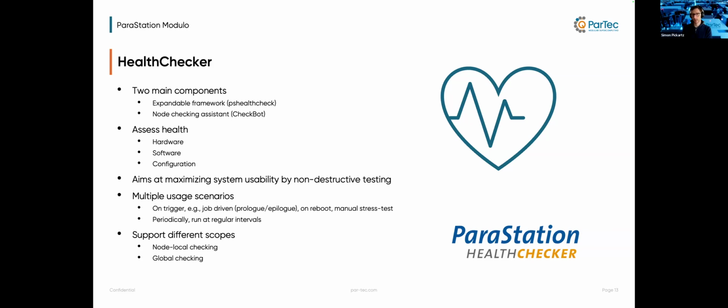For example, if they have been taken offline, some hardware repair has been done, then the checkbot will automatically iterate over those nodes and see if they can be brought back to production, for example, in order to further optimize the maintenance of the system and even further improve the overall utilization and also availability of the computing node. The main task of the health checker is to assess the health of the hardware components, the software components, but also, of course, the configuration.